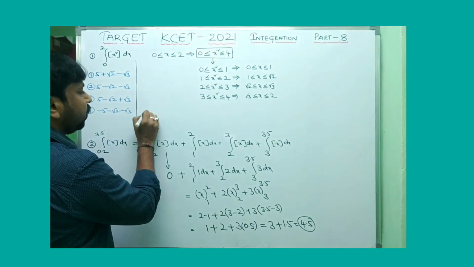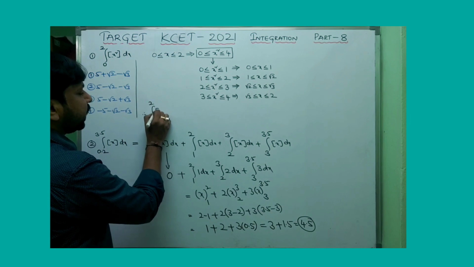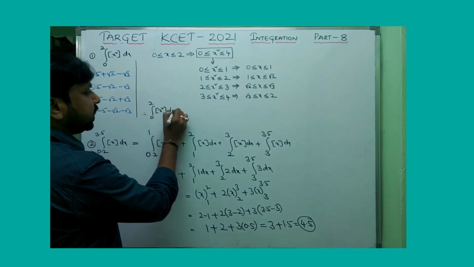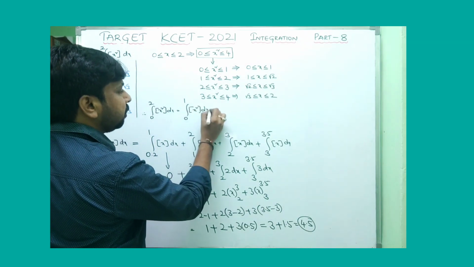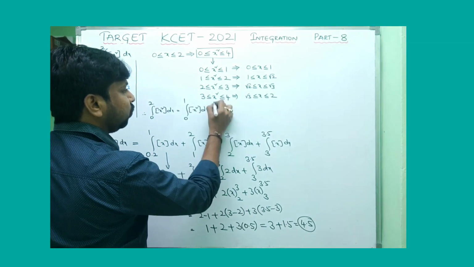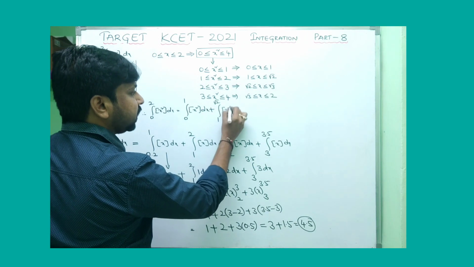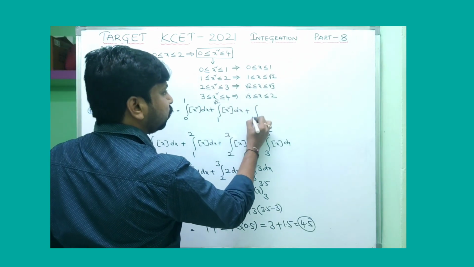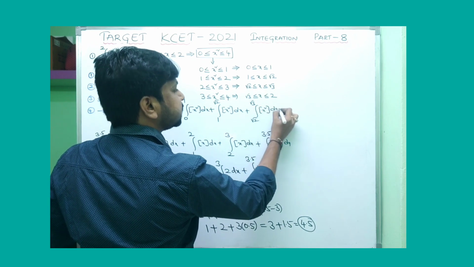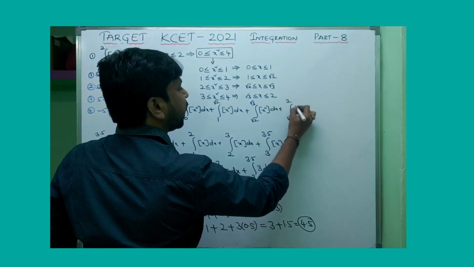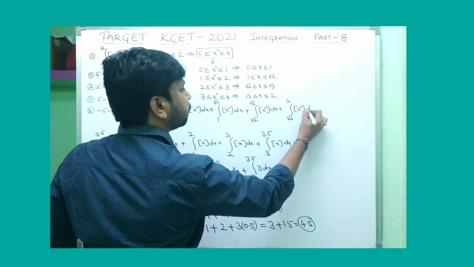Therefore, integral 0 to 2 bracket x square dx can be written as integral 0 to 1 bracket x square dx plus integral 1 to root 2 bracket x square dx plus integral root 2 to root 3 bracket x square dx plus integral root 3 to 2 bracket x square dx.